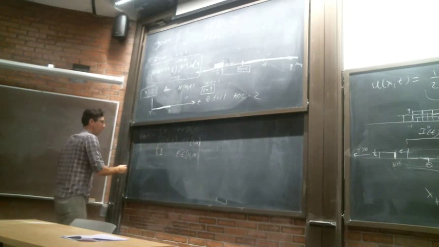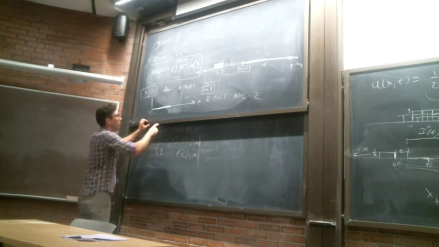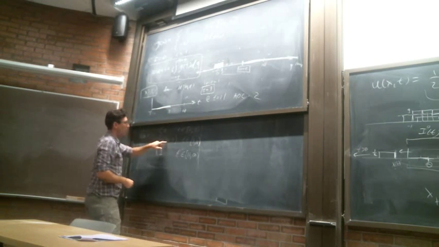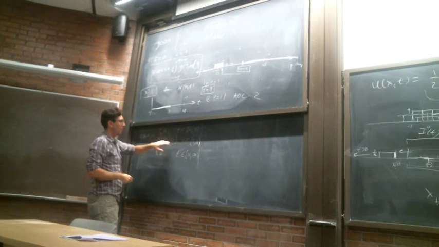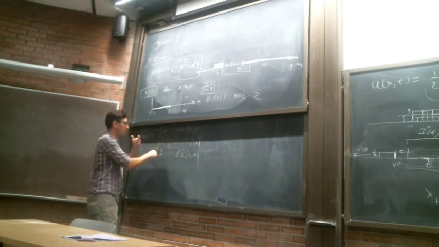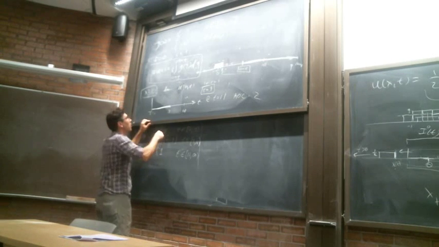Okay, does that work? So here's my graph. There's my 11. When I get to 11, this becomes 11 minus 9 divided by 2, which is continuous.